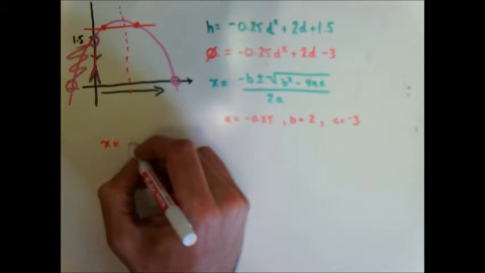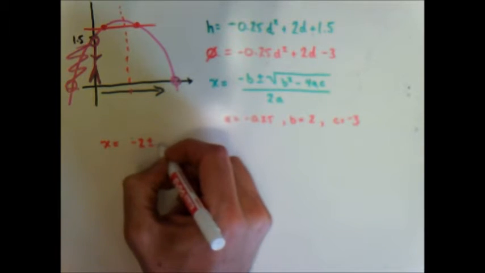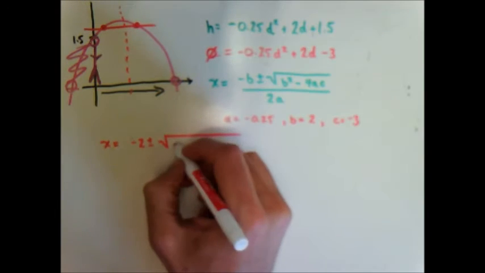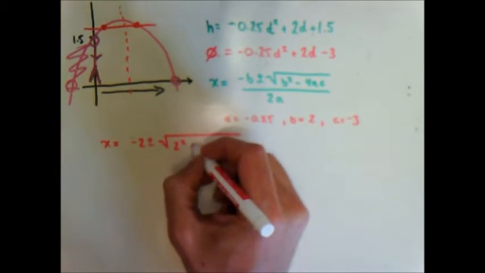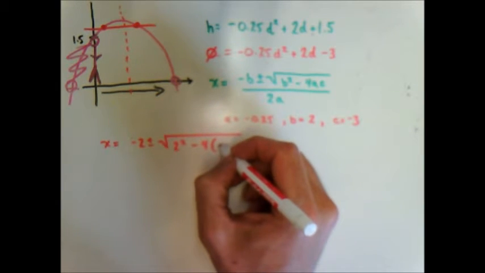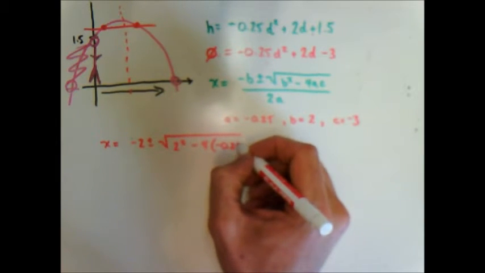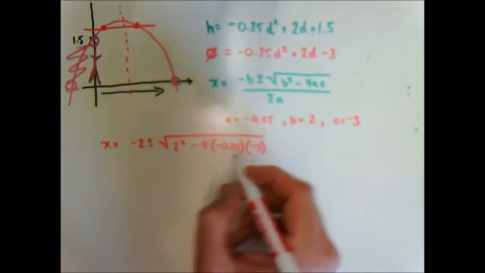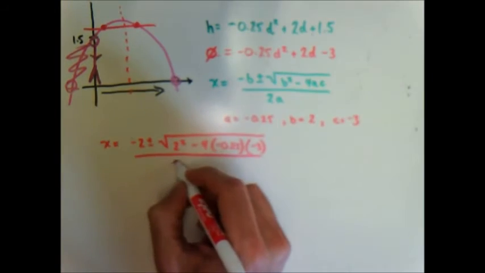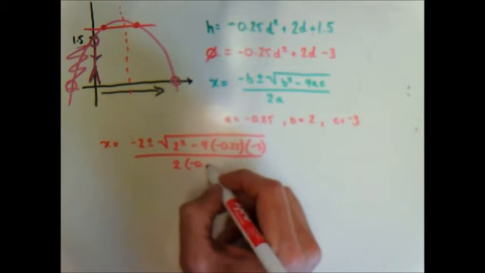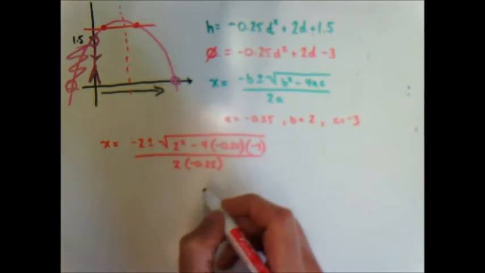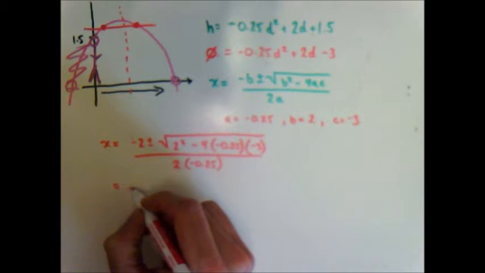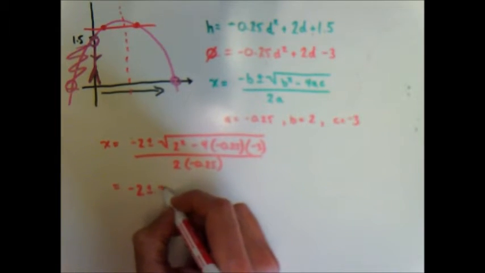And I can go ahead and sub those into my quadratic formula. So we have negative b, which is negative 2, plus or minus the square root of b squared, which is 2 squared, minus 4ac, all over 2a. Let's reduce what we can.